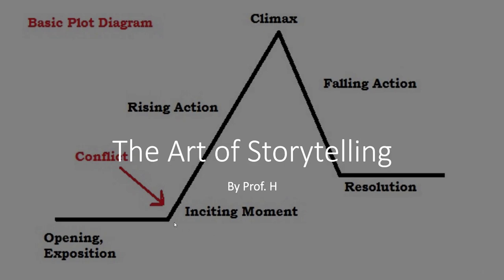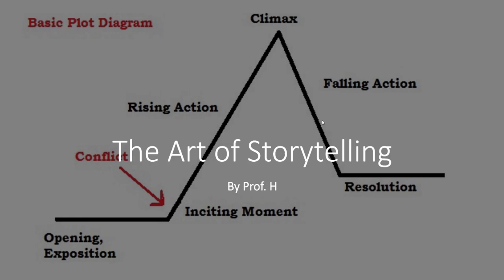So when we write a story, we have something called story structure, and this is a very American story structure. You start out with an opening exposition, then you have conflict between the two characters. Then the conflict or the problem rises to an intolerable level, as if it's not going to ever be solved, until it gets to the climax, which is the most exciting part of the story.